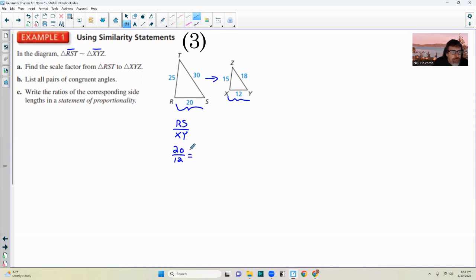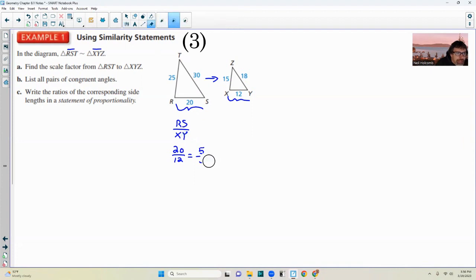That reduces: 4 goes into 20 5 times, and 4 goes into 12 3 times. So I have 5 over 3. But that is greater than 1, and that'd be an enlargement, going from XYZ to RST. We want to go big to small, so I want to flip this.